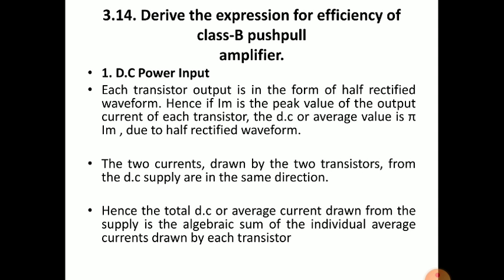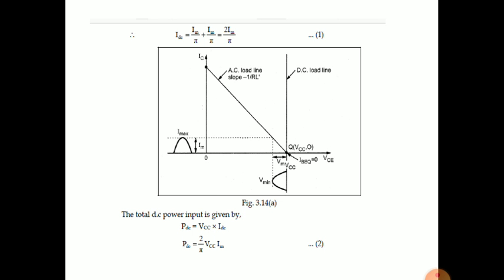DC power input. Each transistor output is in the form of half rectified waveform. Hence, if Im is the peak value, first see the load lines and the graphs, where we get only half cycles of the outputs of each transistor.